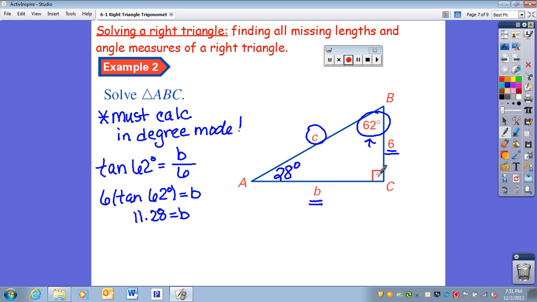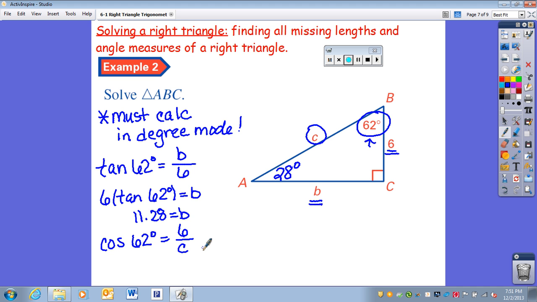Next, we could do the cosine of 62 degrees, which again is using our measurement of 6 and then finding the hypotenuse. We would take the adjacent side, which is 6, divided by the hypotenuse.